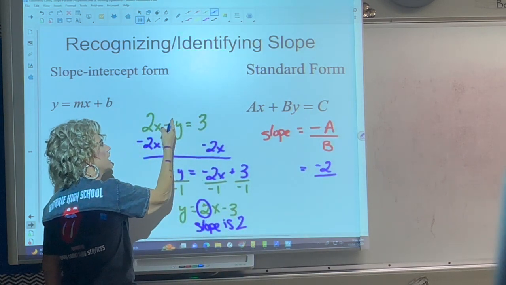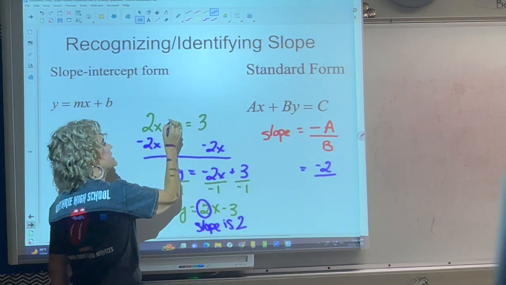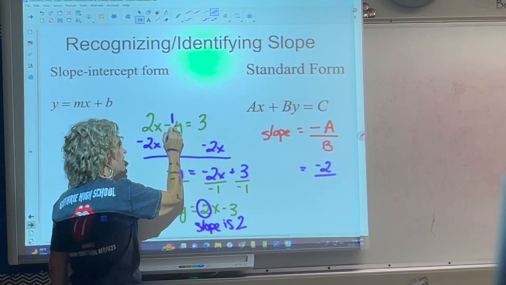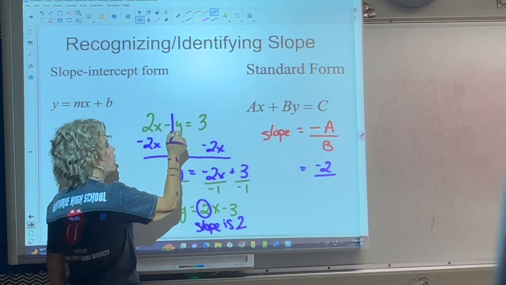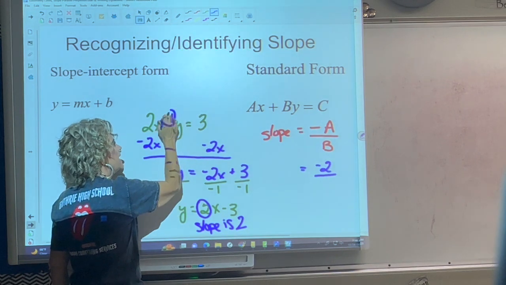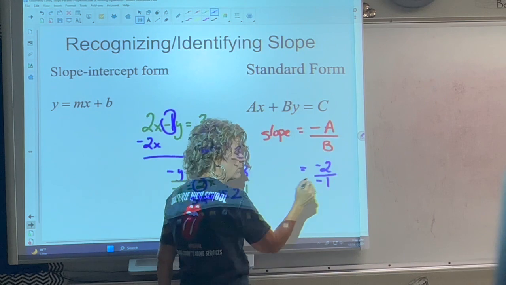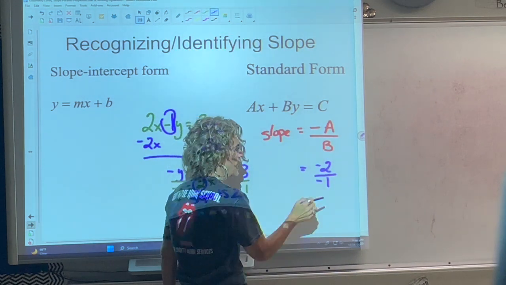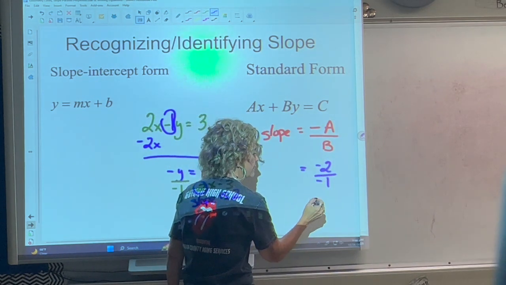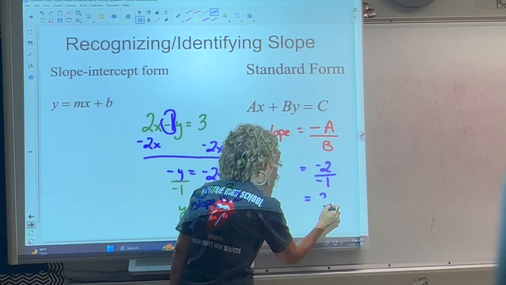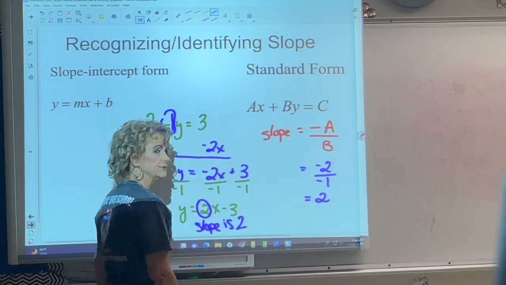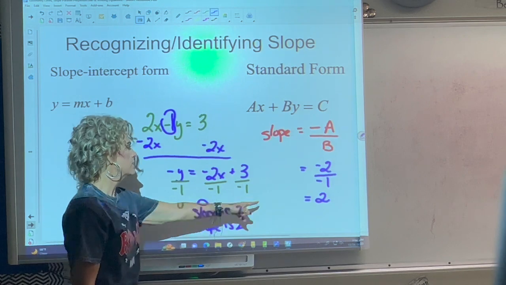Keep the sign with the number. B is the coefficient of y, and it's a negative y, so it's an understood negative 1. So I have B is a negative 1. Keep the sign with the number. A negative 2 over a negative 1, negative over a negative makes a positive, and I have a positive 2. Oh man, I was right.